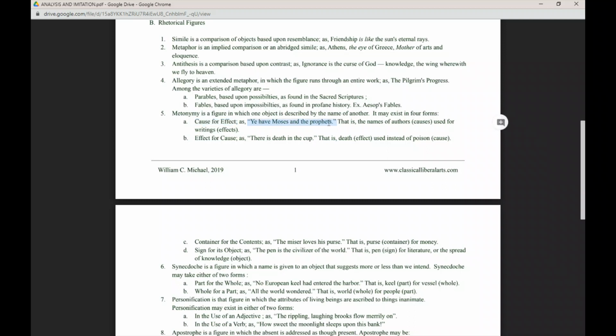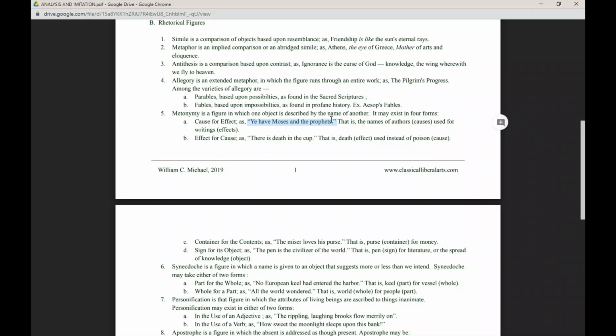Jesus said to his hearers, "You have Moses and the prophets." And that, of course, is not really true. The Jews did not have Moses and the prophets with them. Jesus is using a rhetorical figure. He's speaking with metonymy. He's using the cause to signify the effect.